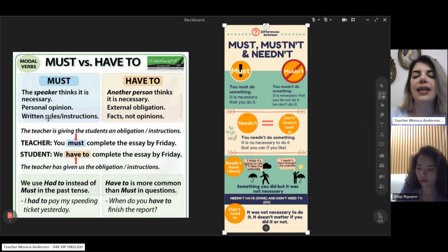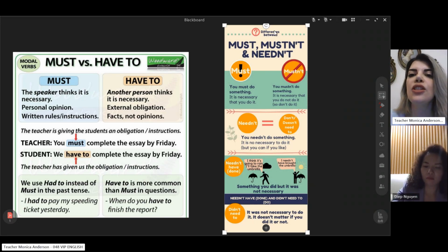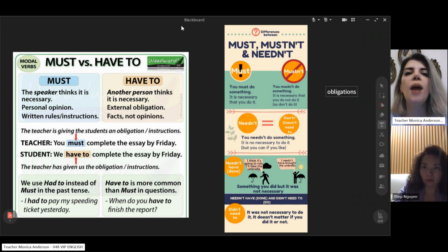But look here, now we're talking about the difference between must and have to. First of all, you need to know that we use must and have to for obligations. Obligations means something like rules.